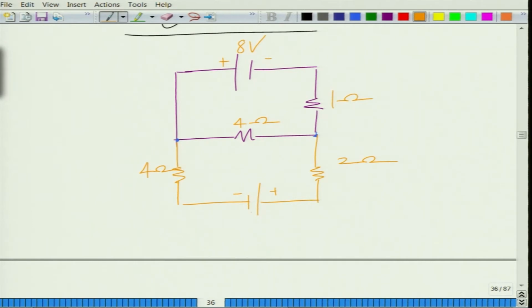And so, we want to analyze this circuit to determine the currents in the different branches.